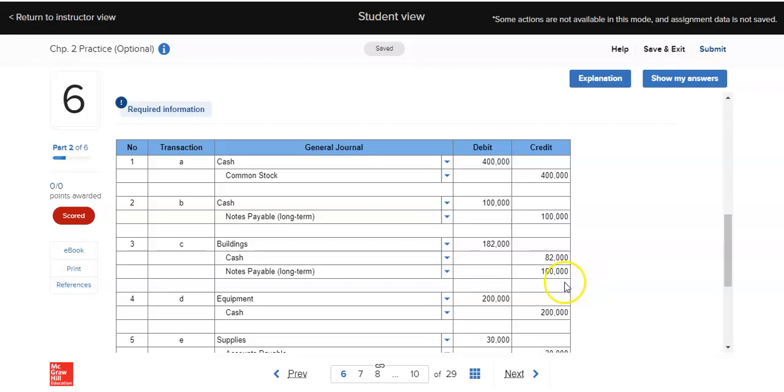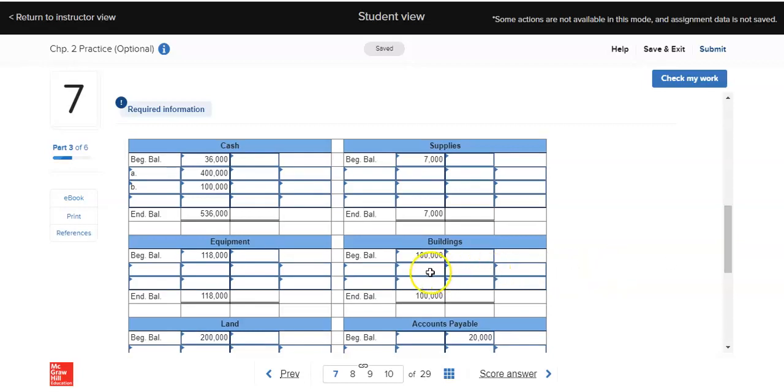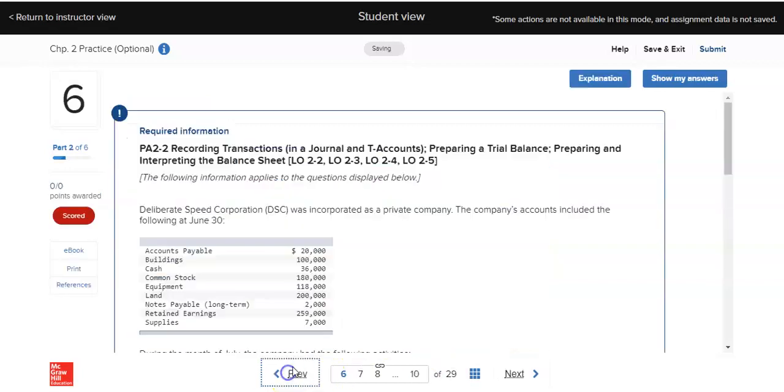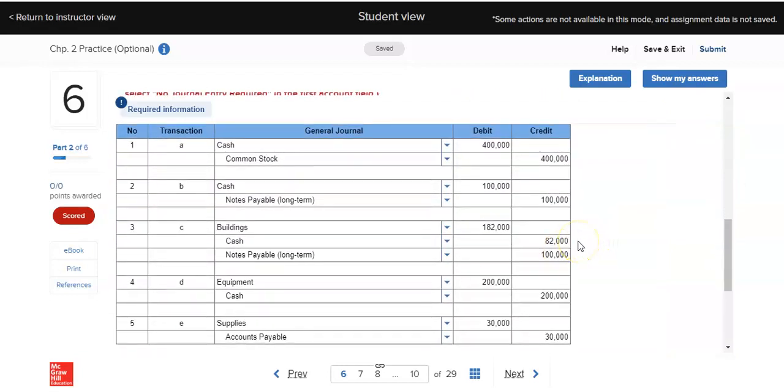In transaction C, we have one debit and two credits. So let's do this separately. Let's first go to buildings and post a debit. Post means copy. Let's post or copy a debit of $182,000 to the debit side of the buildings account. Label that as transaction C. Now let's go to cash and post or copy a credit of $82,000 and notes payable a credit of $100,000.